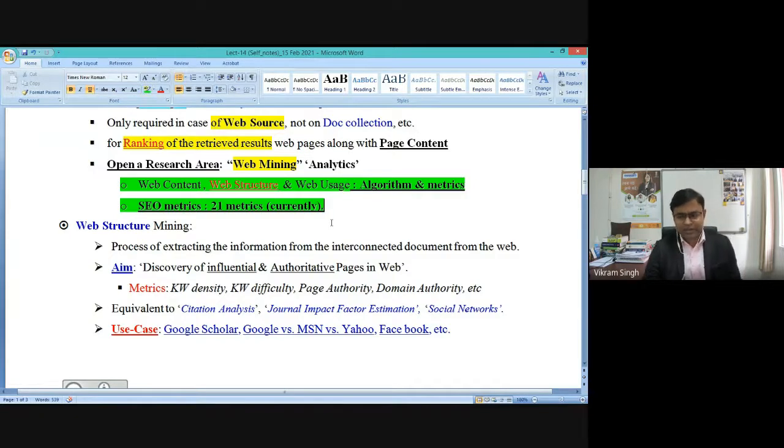Along with PageRank and HITS, there is the Hummingbird algorithm, and there is the Clever project which is going on at IBM, I think. So different algorithms have been designed, though their scope of adaptability depends on the metrics which they have considered for their implementation.